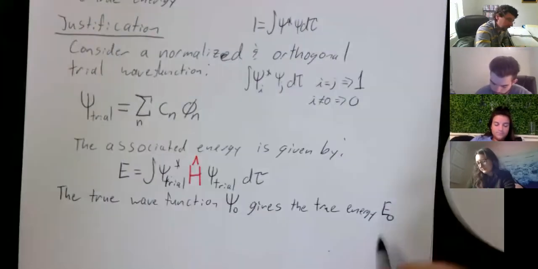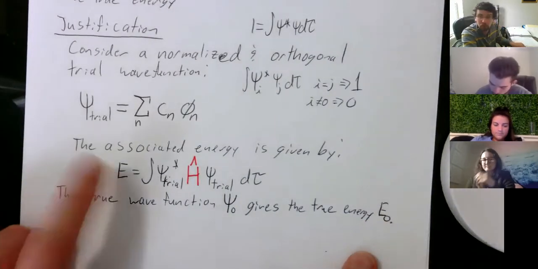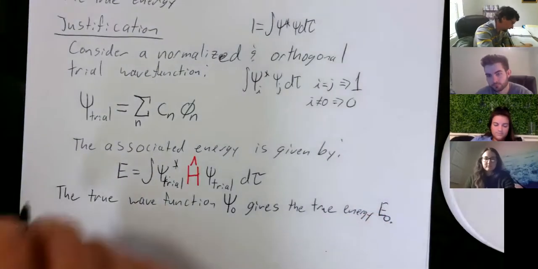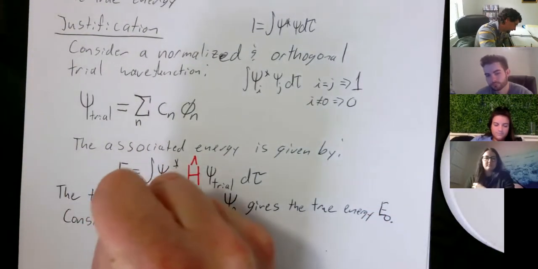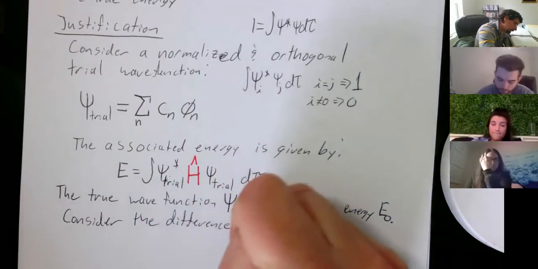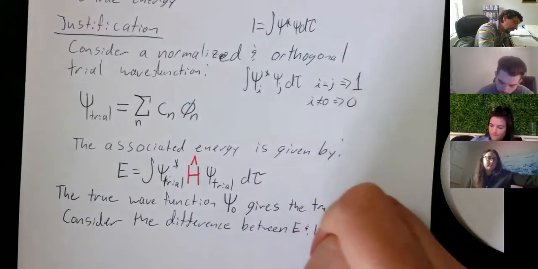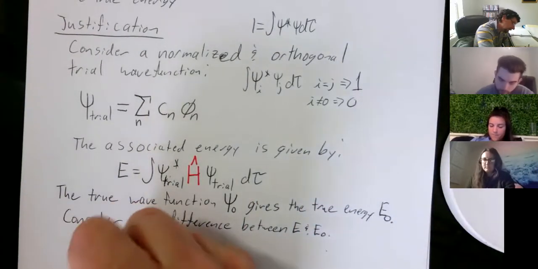Now what we want to do is gauge the difference between the energy with our trial wave function and the true energy. So now consider the difference between E and E naught. So we have E minus E naught.